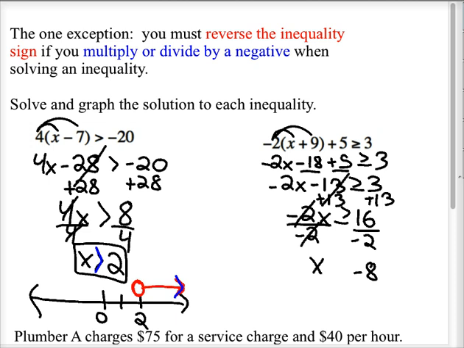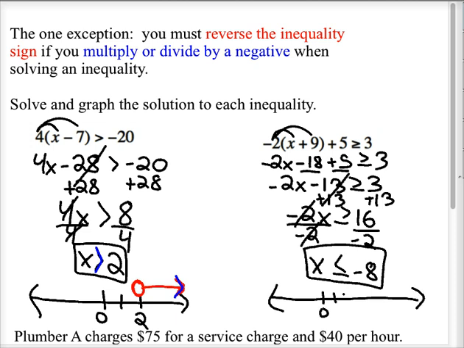And remember that rule that we just talked about. If you multiply or divide by a negative, remember you have to flip the direction of the inequality. So you're going to have to flip it the other direction. Okay, that is essential to getting these right. Remember that flipping process.